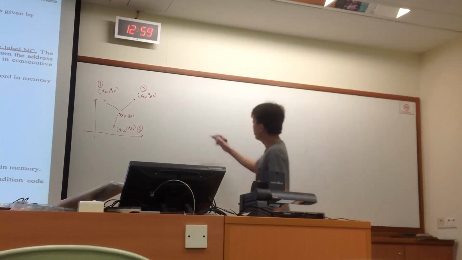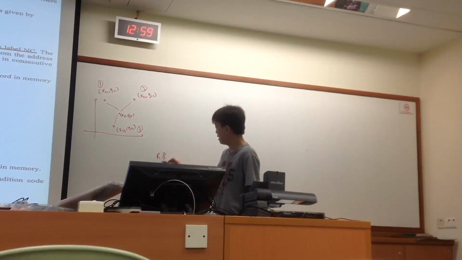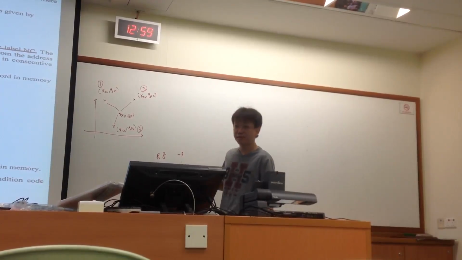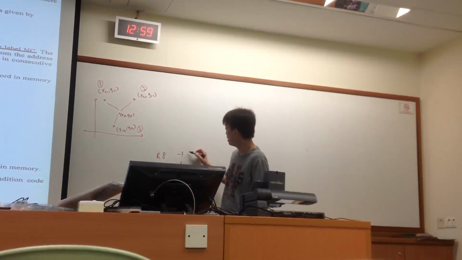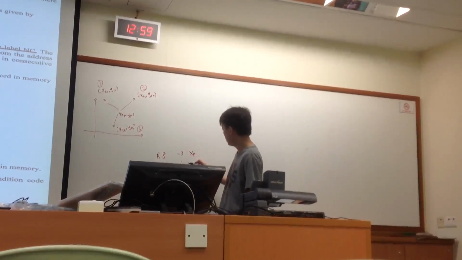So they already told you this is R8 and R9, whatever number, fixed. It's just an example. Anyway, you just assume R8 and R9. This one is XP, and this one is YC.